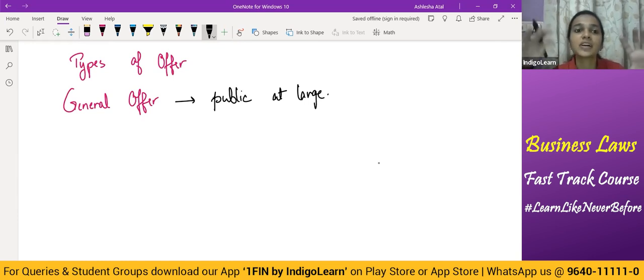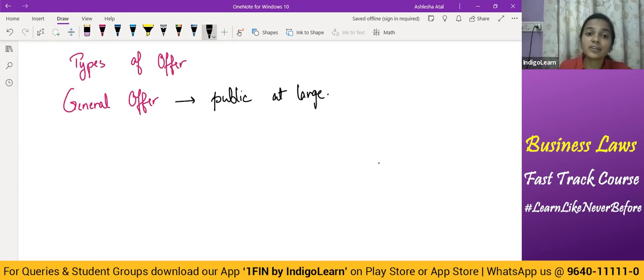So a public announcement was made that ours is the best water purifier, and if you find something better, we are ready to pay this amount as a reward. This type of offer is not made to a specific person, it is made to the public at large. Anyone from the public can come and accept the offer. So that type of offer is called a general offer.